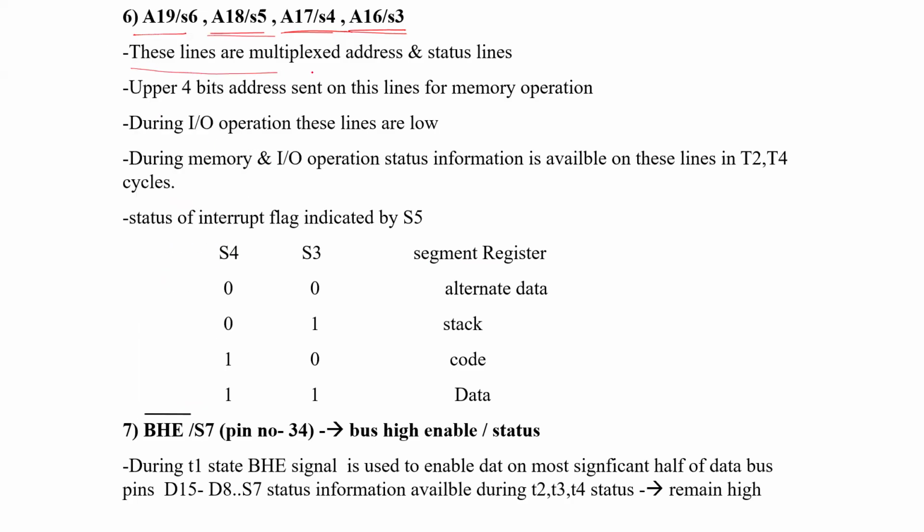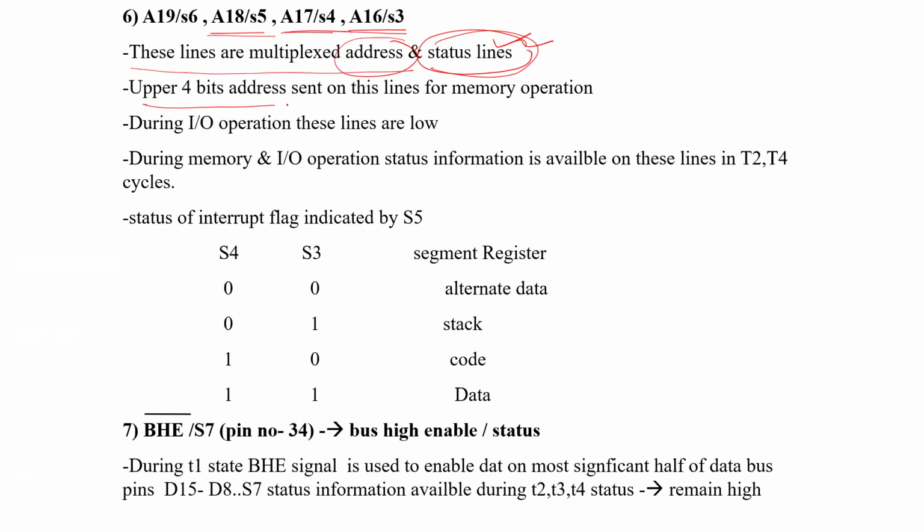These lines are multiplexed address with status lines. The previous address lines, what I discussed in the previous slide, are multiplexed with data and address. And these buses, that means A16, 17, 18 and 19, are multiplexed with status lines. That means sometimes it is working as an address bus, sometimes it is working as status lines.